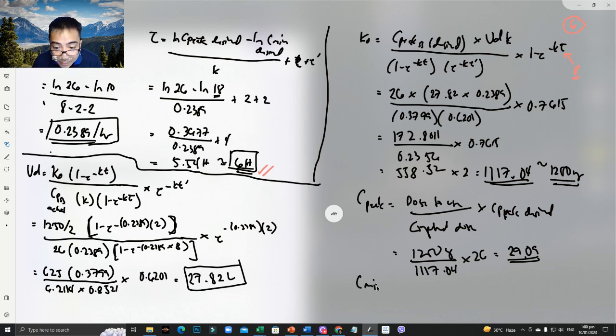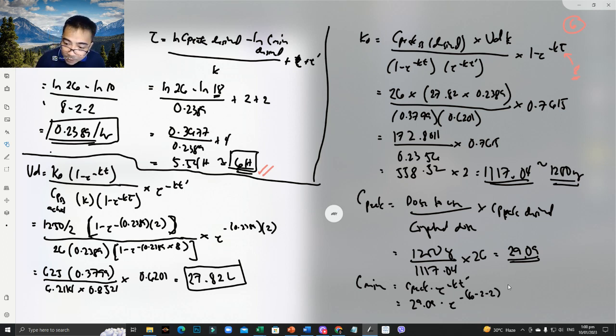Now, kung sa trough naman, C min equals C peak times e negative k t prime prime. Okay, yung minus 2. Right, so C peak ko is 29.09 times e negative 0.2389 times 6 minus 2. Minus 2 na infusion time, minus 2 na waiting time.